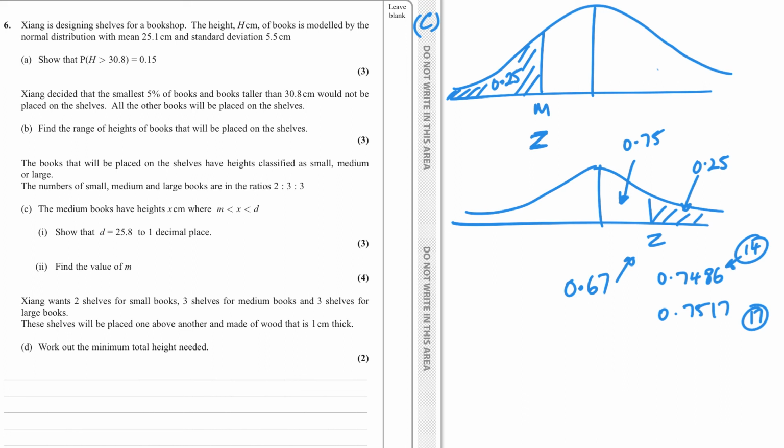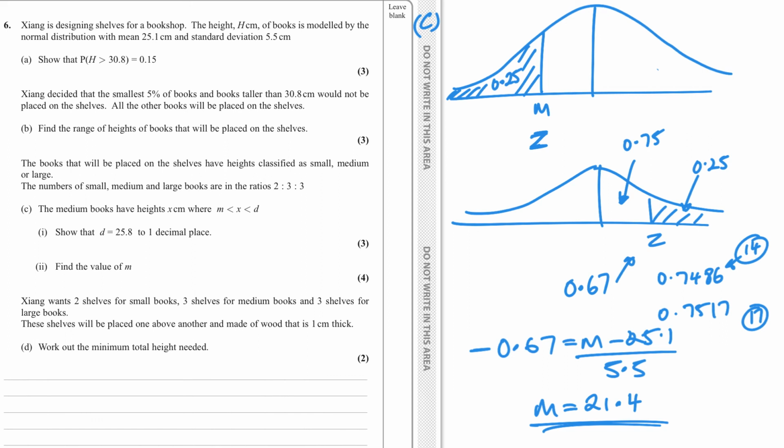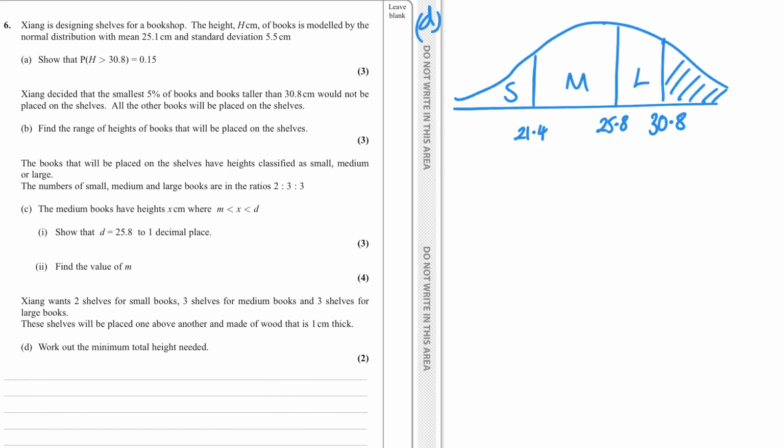So we actually want it to be the negative value. So we've got minus Z equals X, which is now my M, minus my mean, which is 25.1, over my standard deviation, which is 5.5. So minus 0.67 times 5.5, add 25.1, and that will give me that M is equal to 21.4. I will do that to one decimal place like the others.